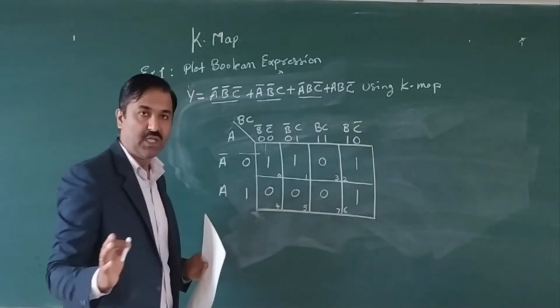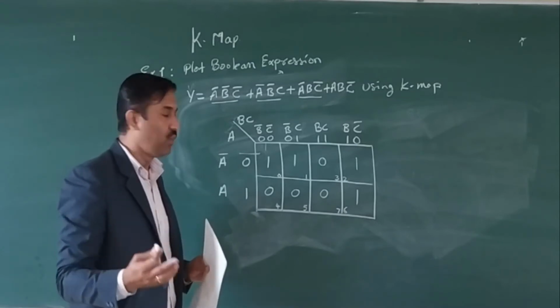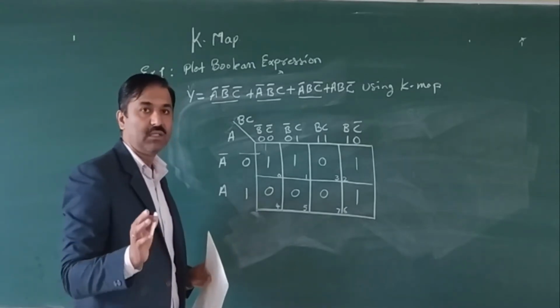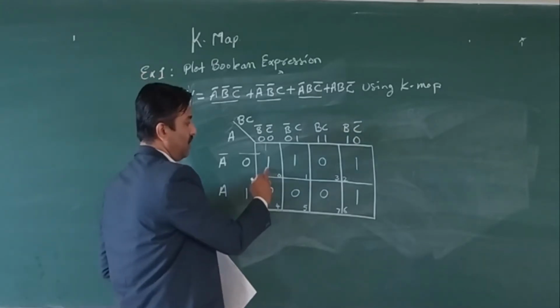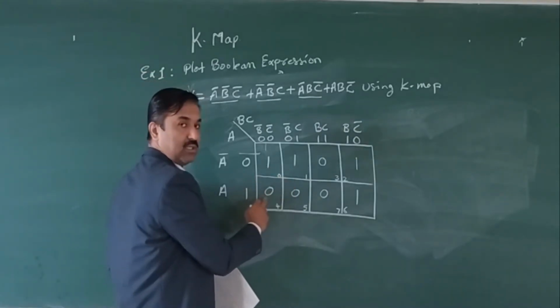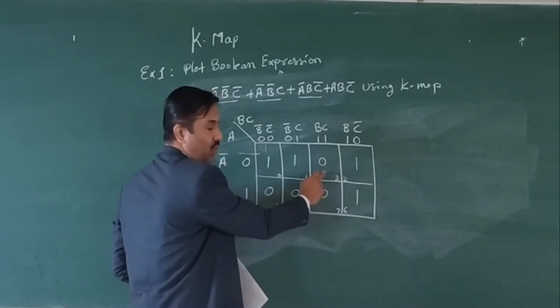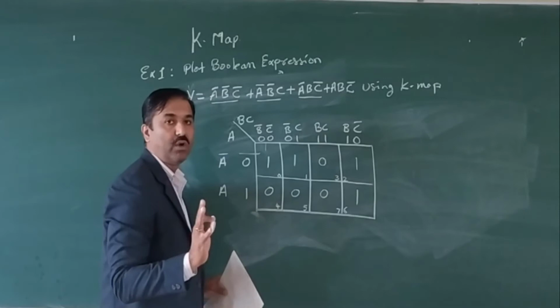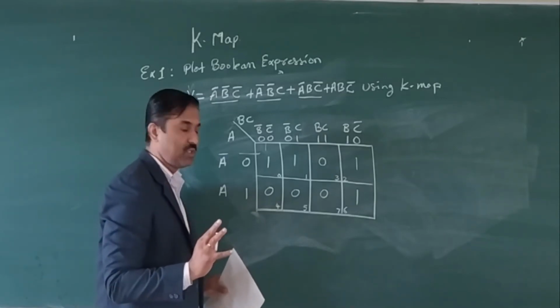No, so 8 grouping is not possible. Now go for the next maximum grouping, that is 4. Can you find 4 cells which have adjacent ones? No, there are 2, but no adjacent ones here. Here also, there is a 0, so I cannot have a 4 pair grouping. So that is not possible.